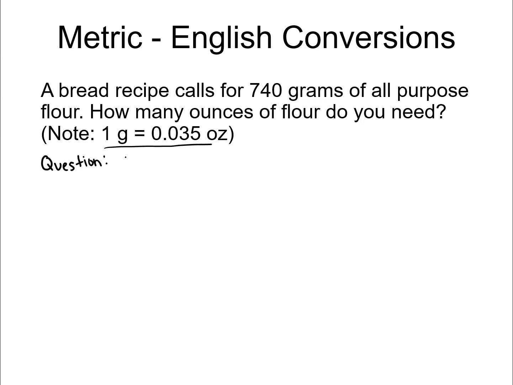The question we need to answer, we've got 740 grams. How many ounces is that? We're given the unit equation, which makes life easier. 1 gram is the same as 0.035 ounces.